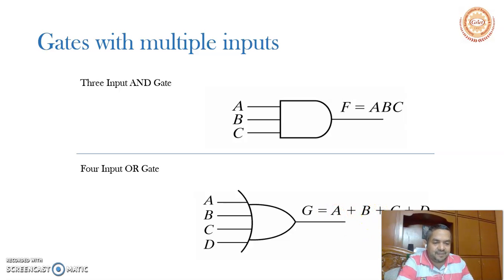C plus D is another operation, and I get one output for that. Both I apply to another OR gate here. This is equivalent to 3 binary OR operations. But straight away I will show that a 4 input OR gate is also available.